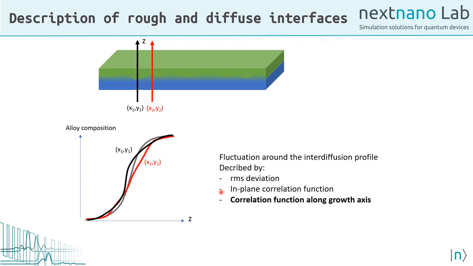And we show that, in fact, you need a third quantity to characterize the roughness, and this is a Gaussian function along the growth axis that we will introduce later in this talk.